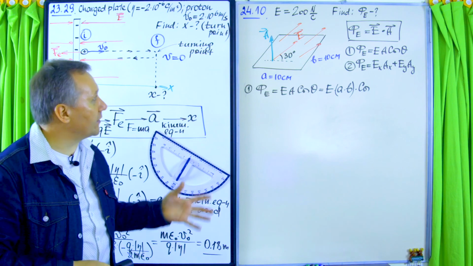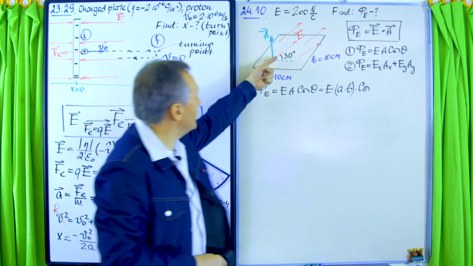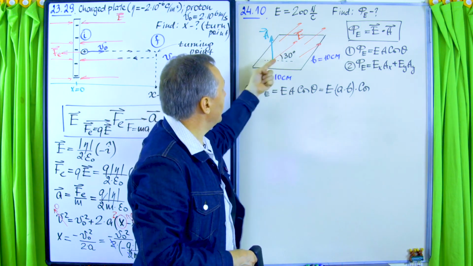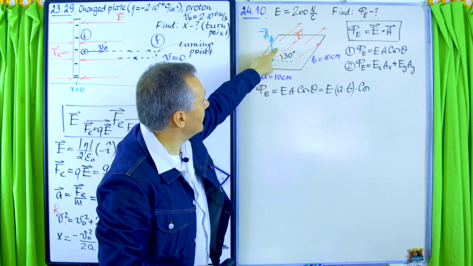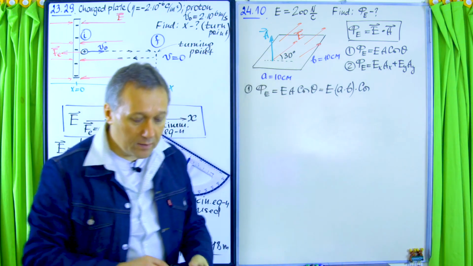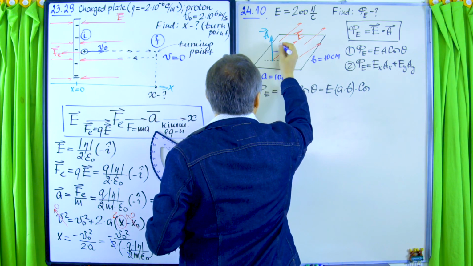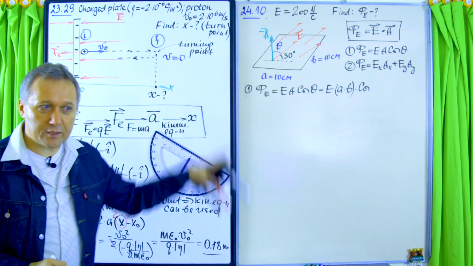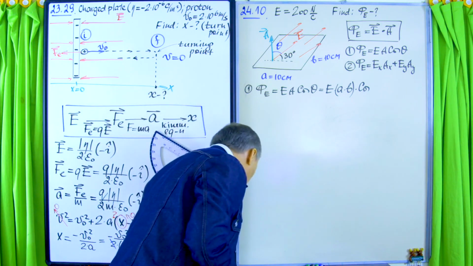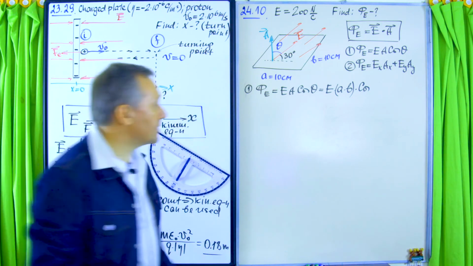You remember, you need to position the tails of both vectors at the same point. You see the area vector that way, the electric field that way, with their tails at the same point. So this angle is the correct angle. Let me use blue. This is angle theta, which we need to use. That's 30 degrees, yes. That is the correct angle.